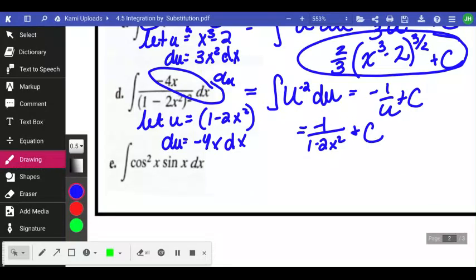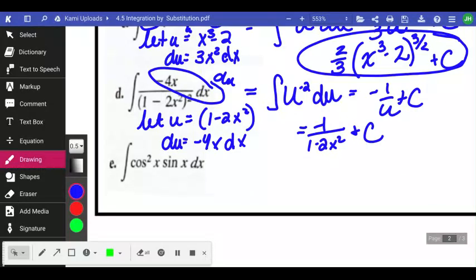I'm going to pause real quick because I left something important out. It doesn't change anything we've done, but it does change something conceptually that we might do in the future. You see how we have plus c with u's, and plus c with x's? Those would technically be different constants. It's still a constant we don't know, but if you knew your limits of integration, they would be very different numbers.